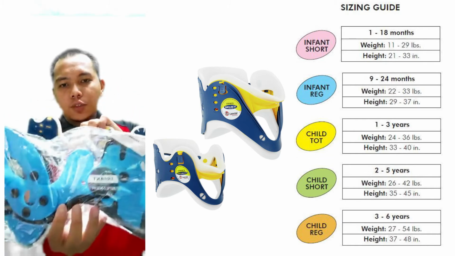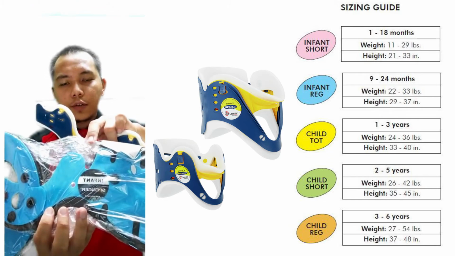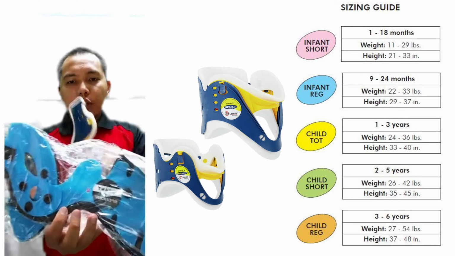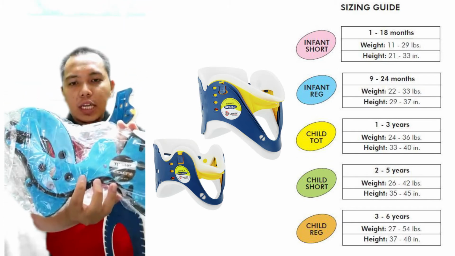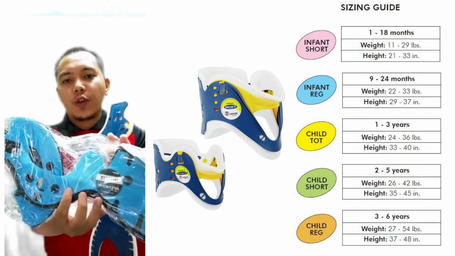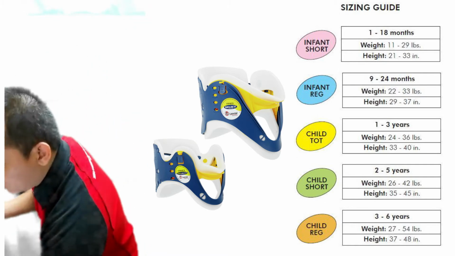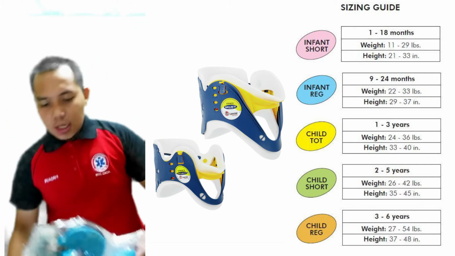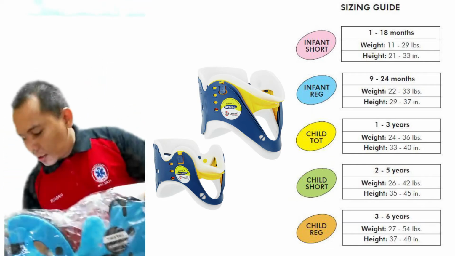I will show that this rigid cervical collar is for an infant, surely for an infant. For the pediatric cervical collar, there are various colors that show the sizes. This one is for the infant, blue in color.